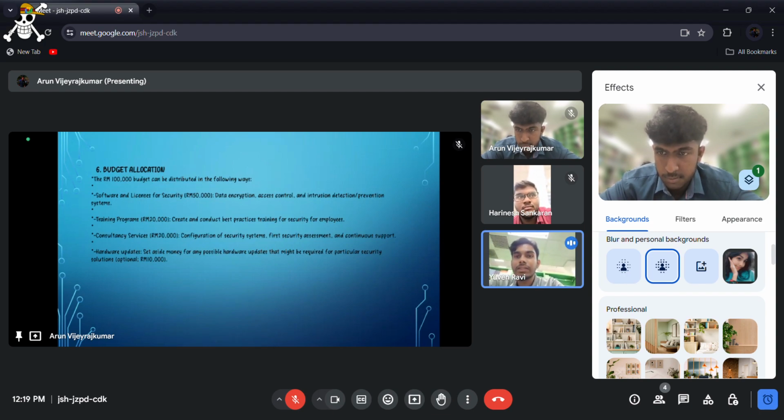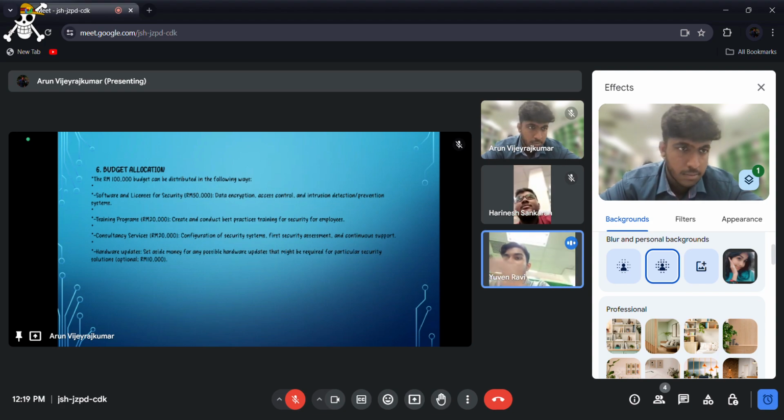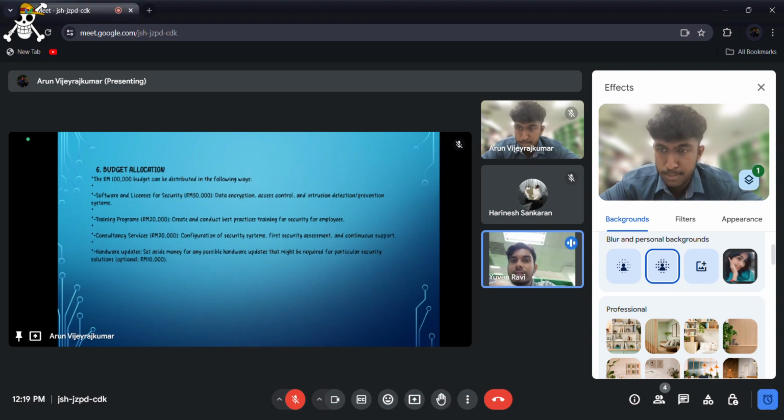Another 20,000 can be used for consultancy services, configuration of security systems, first security assessment, and continuous support. Next, 10,000 is used for hardware updates. Set aside money for any possible hardware updates that might be required for particular security solutions.